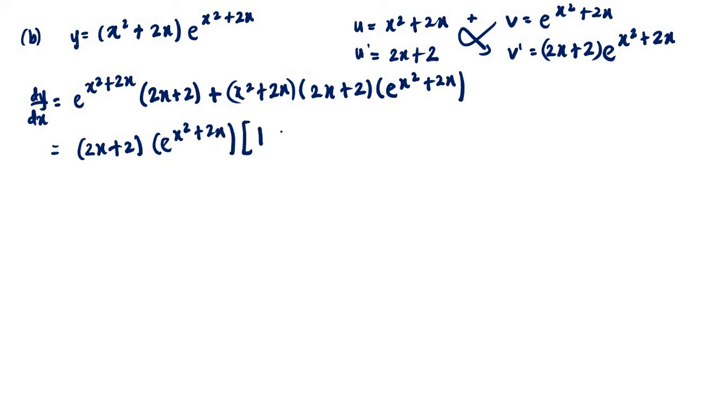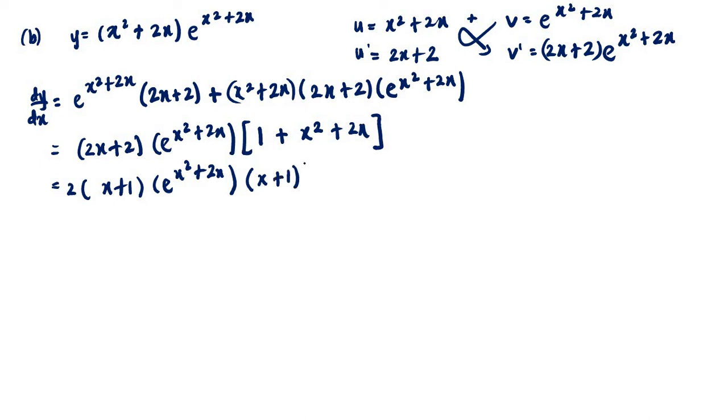So here we have 1 plus, so this one we are left with x squared plus 2x over here. Okay, so the next line kita boleh factor, simplify. We have over here 2x plus 2 outside. Okay, kita boleh factorkan 2. We have x plus 1 and then e^(x squared plus 2x). Okay, so then we can have over here x squared plus 2x plus 1. Kita boleh simplify jadi factorkan (x plus 1) squared.